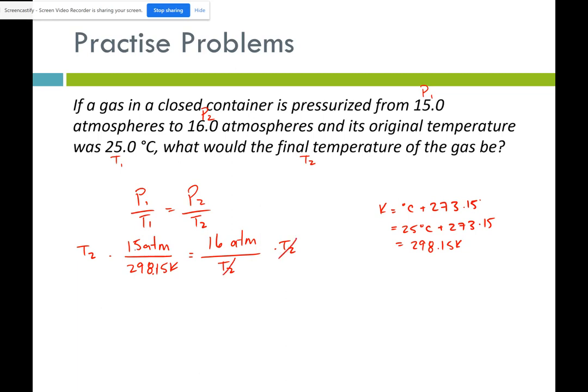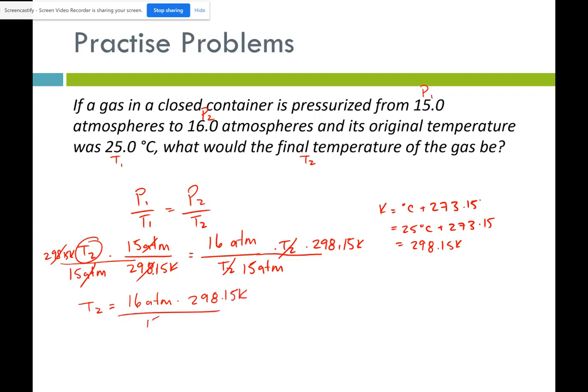Which now means I have to divide by 15 atmospheres to get rid of this, and I have to multiply by 298.15 kelvins to get rid of this so that T2 is by itself. So T2 is 16 atmospheres times 298.15 Kelvin all over 15 atmospheres.